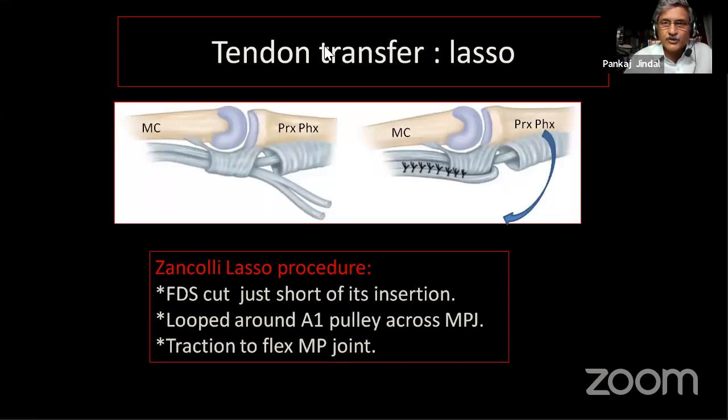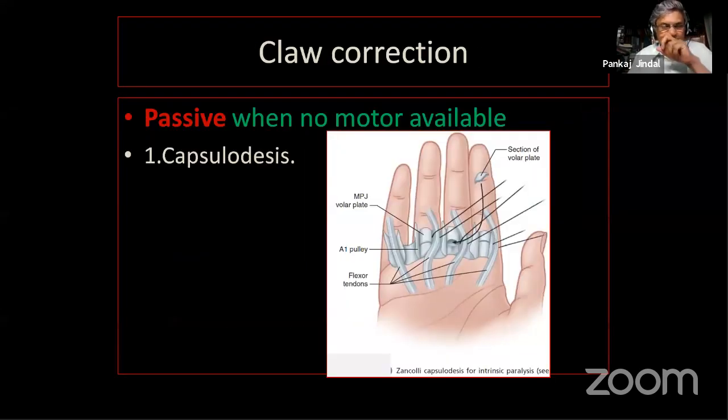Then we talked about this lasso procedure here. This, you take the sublimis. There's a pulley which is called an A1 pulley, which is spanning the metacarpophalangeal joint on the volar aspect. You take out the sublimis tendon and you loop it around the MP joint so that pulley is used around which it is looped, so that the moment you tighten this sublimis tendon, it will flex the MP joint, which means you are preventing the hyperextension of the metacarpophalangeal joint, and this is called Zancolli's lasso procedure here.